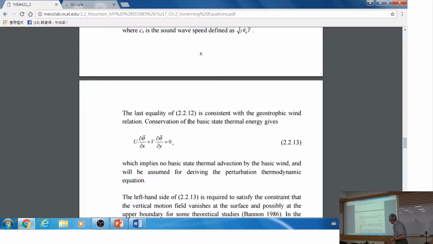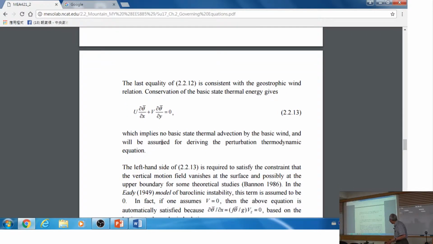And conservation of the basic state of thermal energy gives this, because the background flow has to be in hydrostatic balance and also in thermal wind balance.